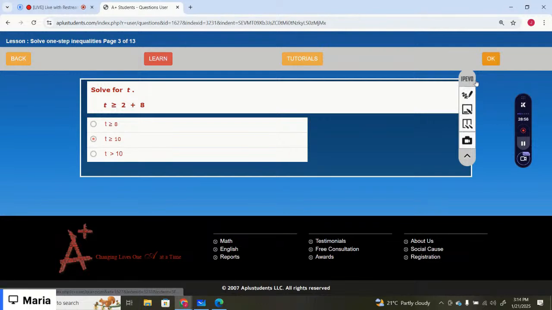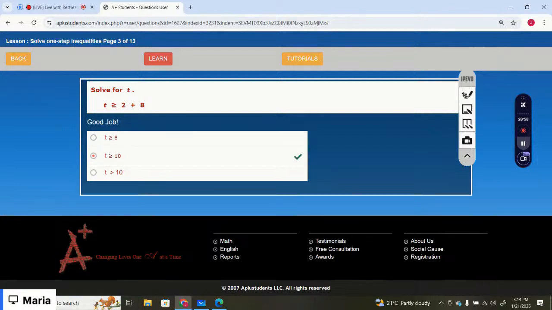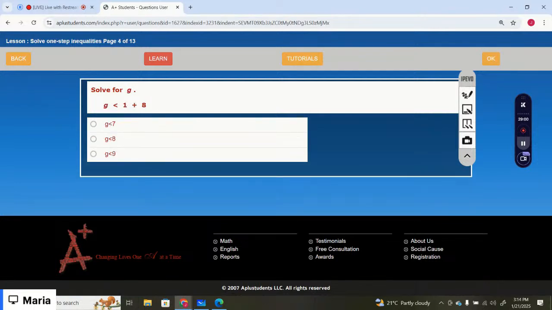Option number 2 is the correct option. g is less than 1 plus 8.